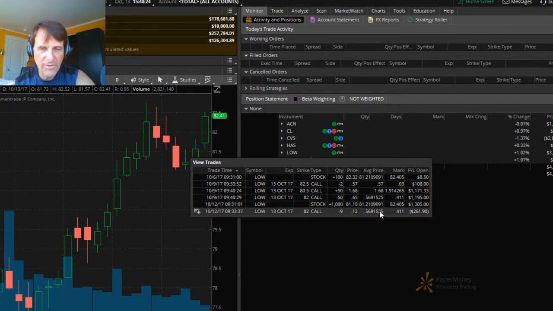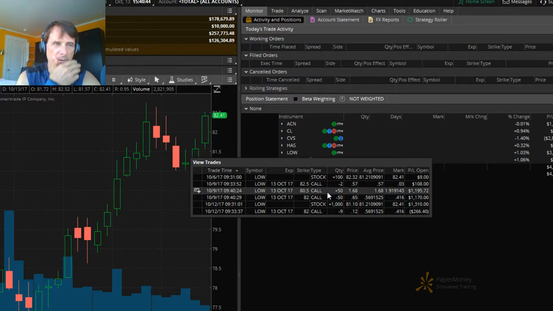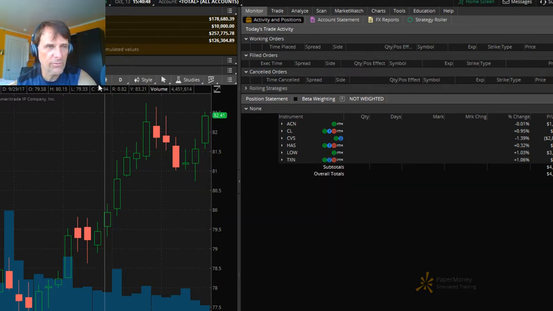So if this thing goes above 82.50, we'll be wiped out of Lowe's. If she doesn't, if she kind of stays where she is in the 82.40 area, we will be down to 200 shares of Lowe's. Everything else will be gone. But let's keep our fingers crossed and make sure Lowe's works out for us.